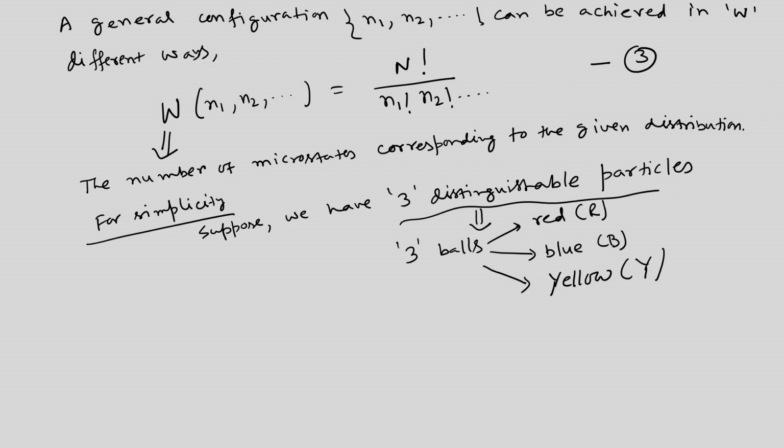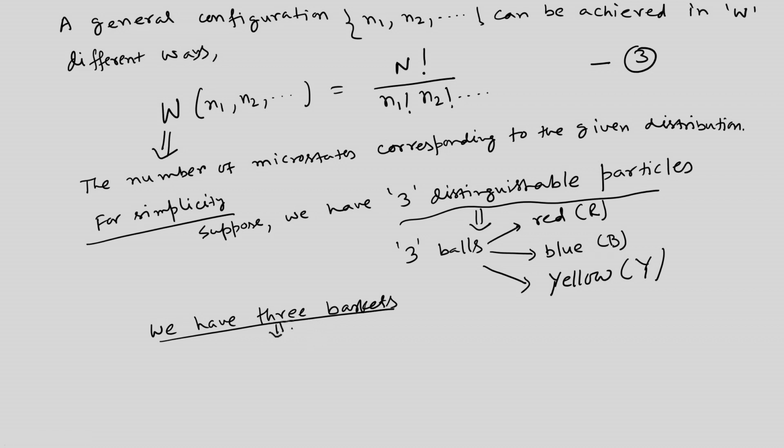Okay. We have three baskets. So, how many ways can we distribute the balls? Okay. So, in the first case we have all three balls in basket 1. Okay.